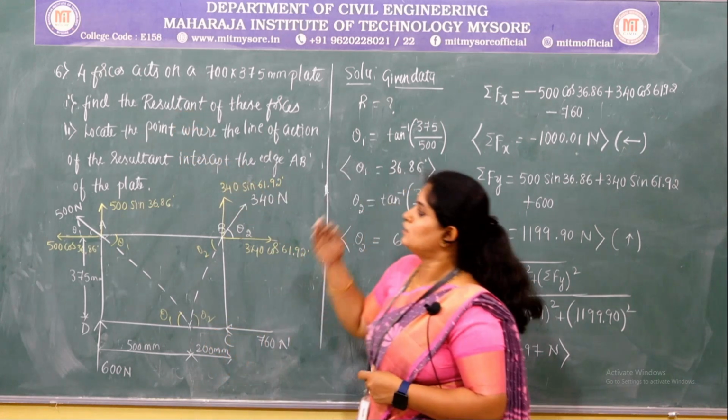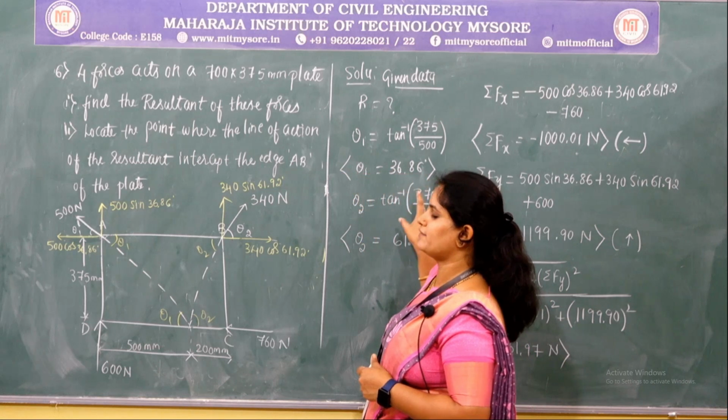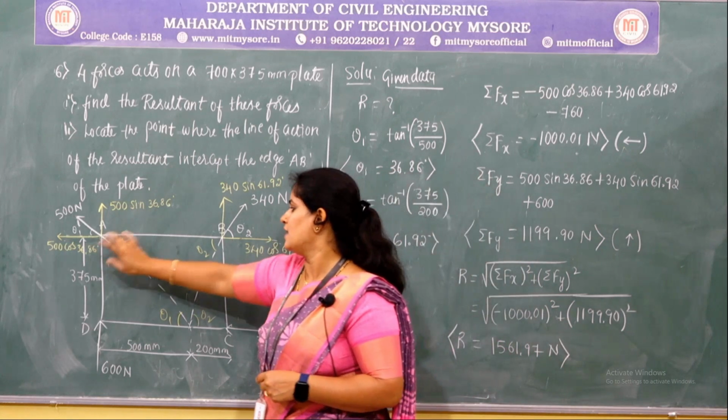Now we got the resultant. Now we need to locate the point where the line of action of the resultant is going to intercept this edge AB.